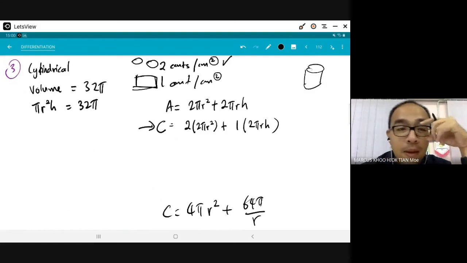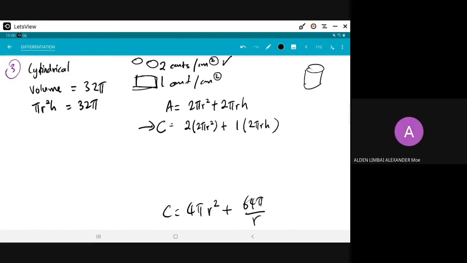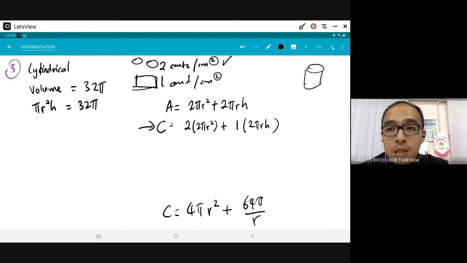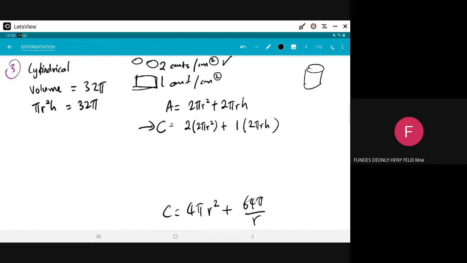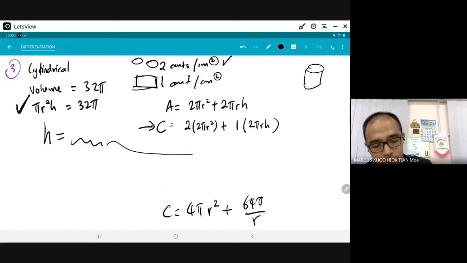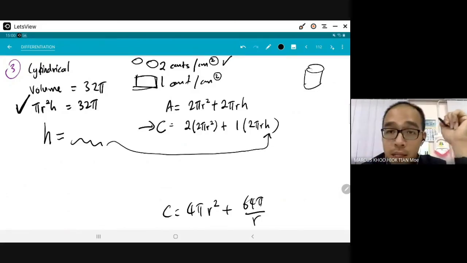Express H in terms of blah blah blah. Which equation are we talking about? Which one should I express? Yang pi r square h, the volume punya equation. Kita dapatkan H sama dengan yada-yada supaya kamu boleh ganti masuk di sini.